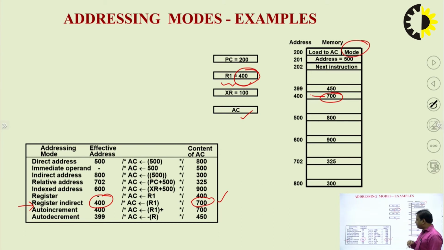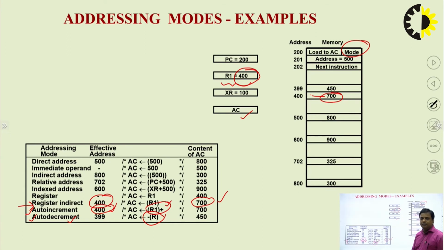Right? Next we come to the types of register indirect, that is auto increment or auto decrement. That means these are the types of the register indirect mode. So the effective address in case of auto increment is 400, because increment is done post operation. Auto increment is post, that is R1 plus, a post increment, while in case of decrement, this is a pre operation.